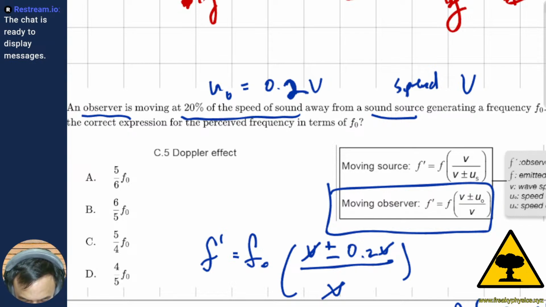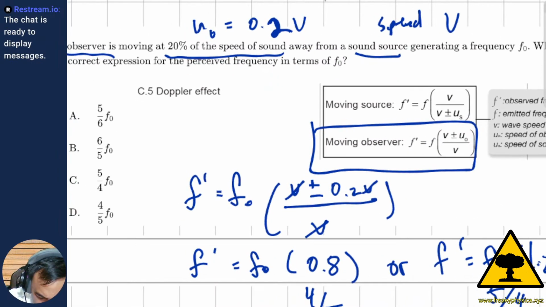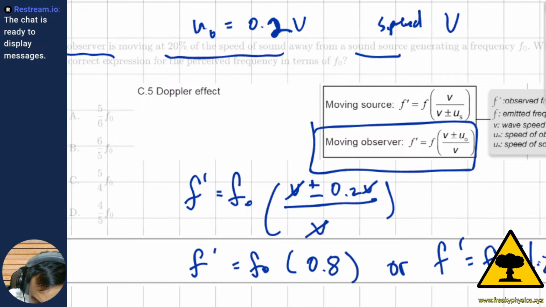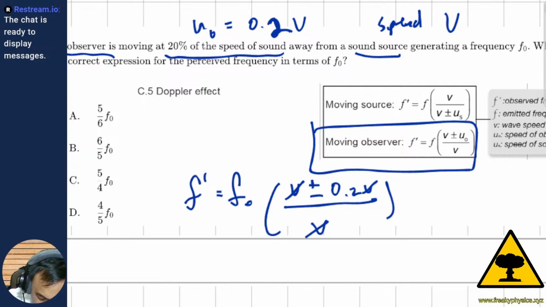Wait, sorry. Where'd you get lost? How do we cancel both of the V's at the top? Okay, let me redo that from that step. Mathematically, if you look at the numerator, the V is a common factor.